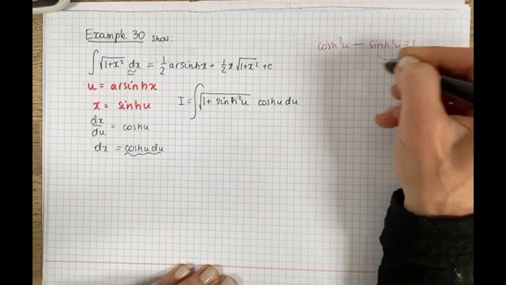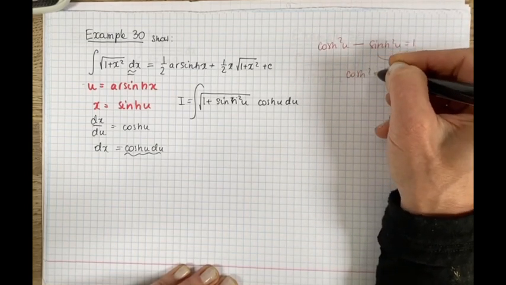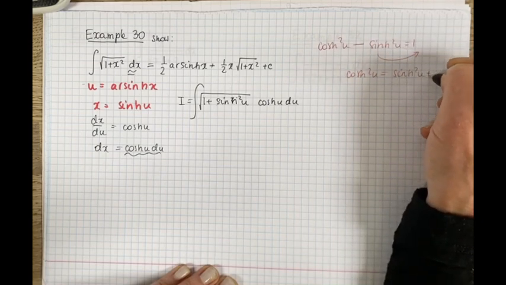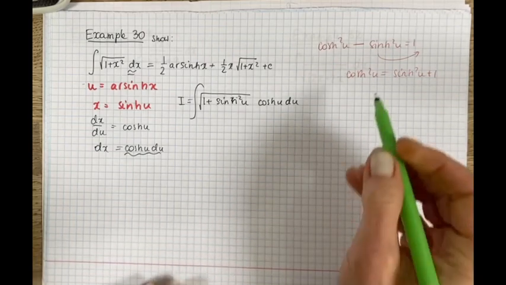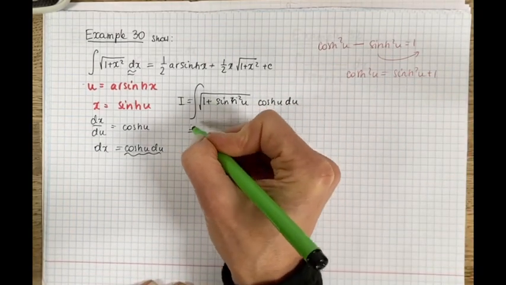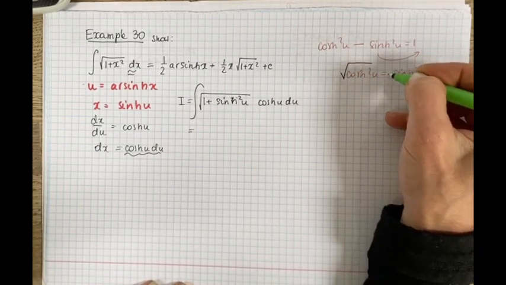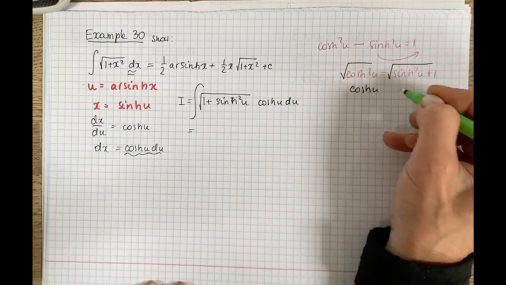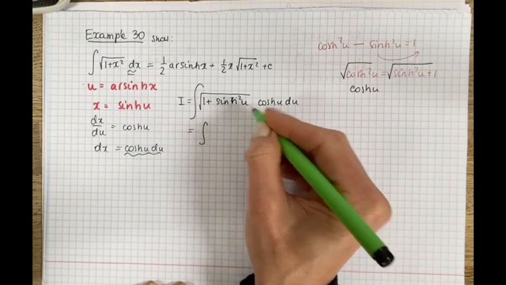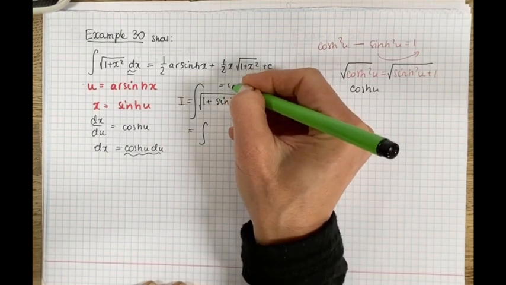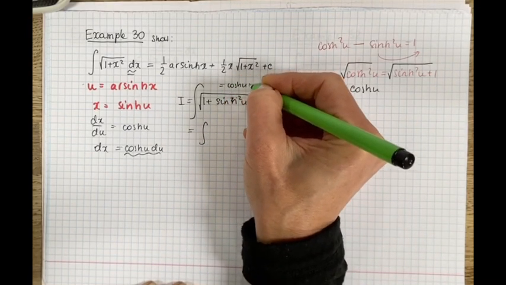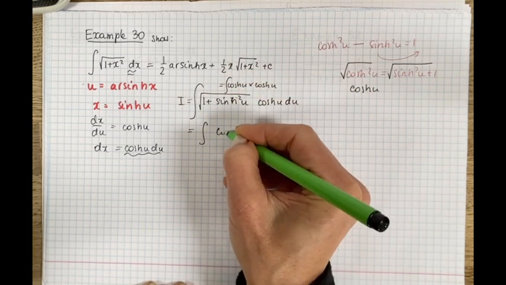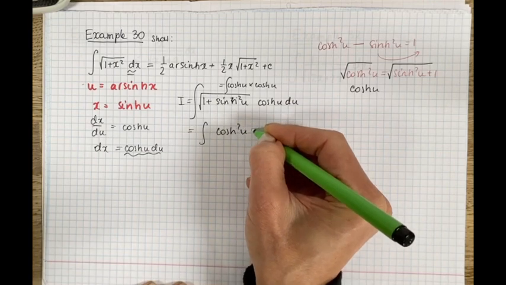We move that across: cosh squared u is sinh squared u plus 1, which we've got. So if I square root it, there you go, I've got cosh u. So I've got cosh u times cosh u, so that is cosh squared u du.